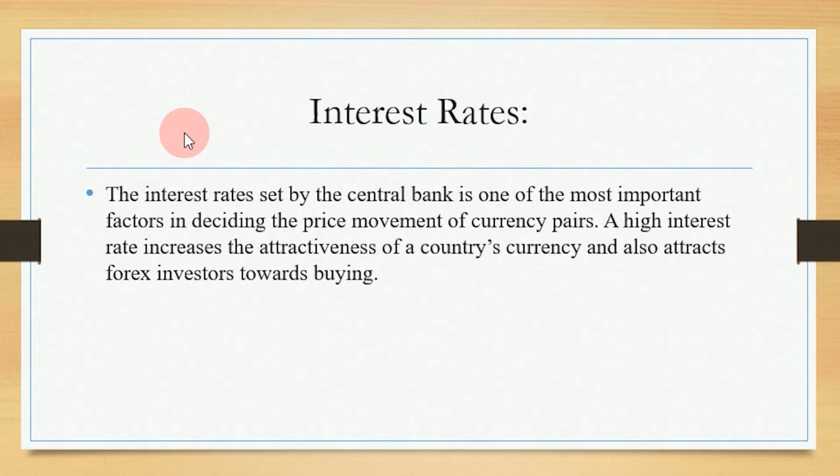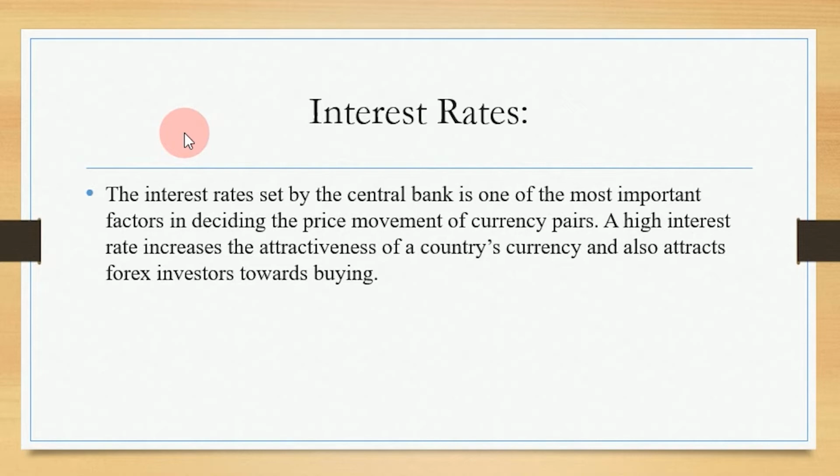This means that when a country has a higher interest rate than another country, the expectation is that the value of the currency of that country will increase as well, because money from foreign investors will come to this country and buy that currency, since this currency gives more interest than any other country.